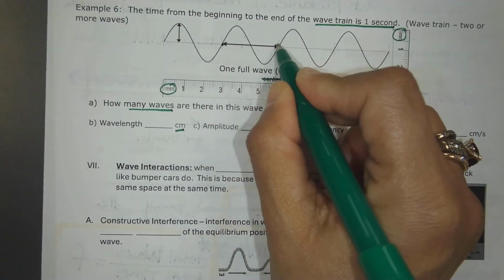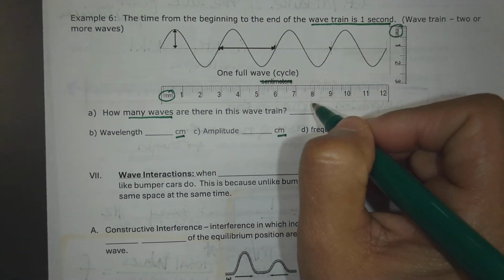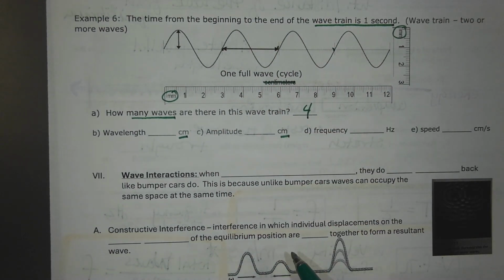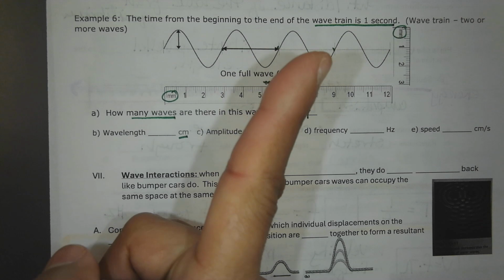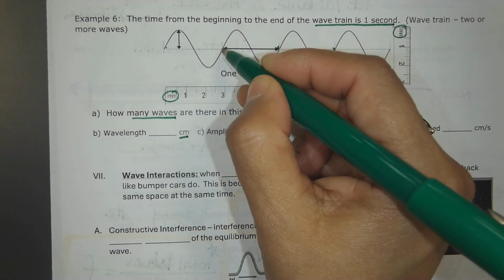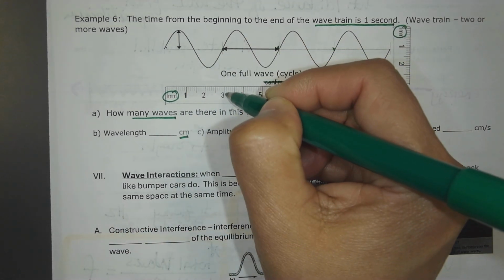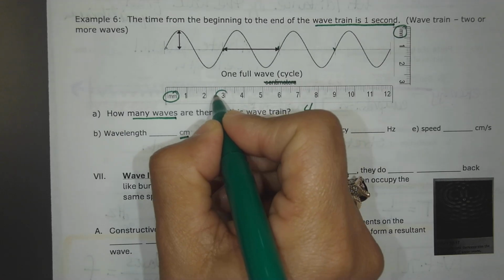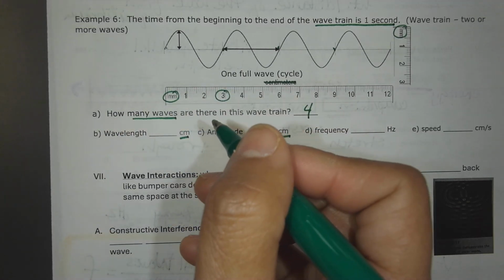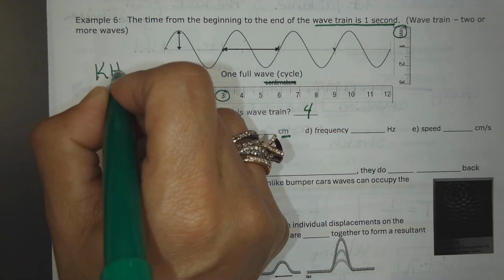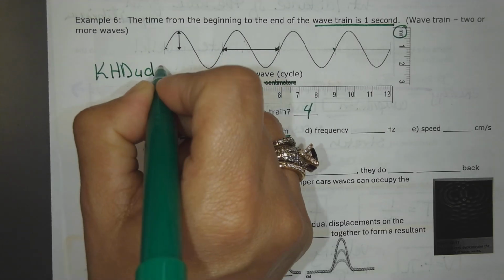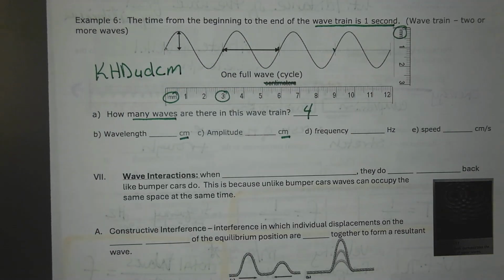1, 2, 3, 4 waves. What is the wavelength? Which means how far is one wave? From here to here, using this paper ruler, it's 3, but it's in millimeters. King Henry drinks utterly delicious chocolate milk.